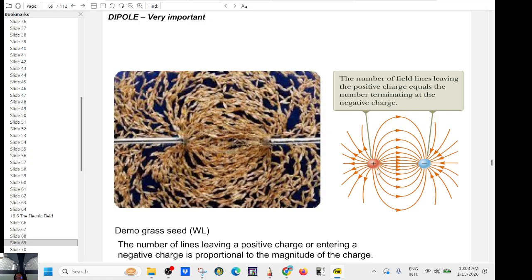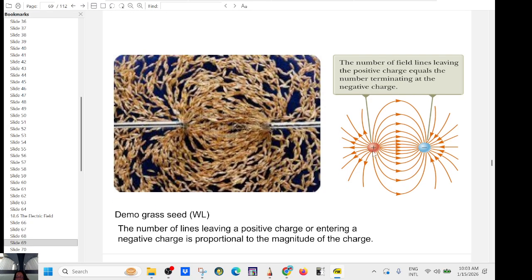A water molecule is polarized, a molecule of soap is polarized. Sometimes you have a permanent dipole, so they stay a dipole forever, like a water molecule. Also, sometimes they can get polarized if they are placed inside an electric field. So those little seeds here get polarized.